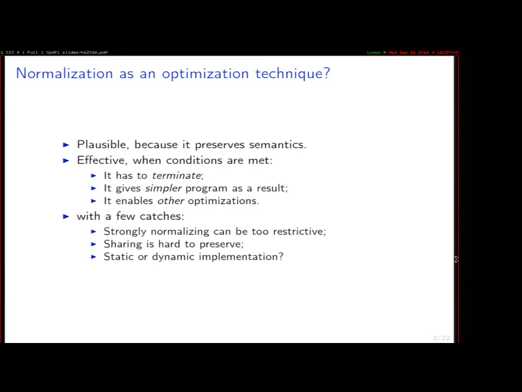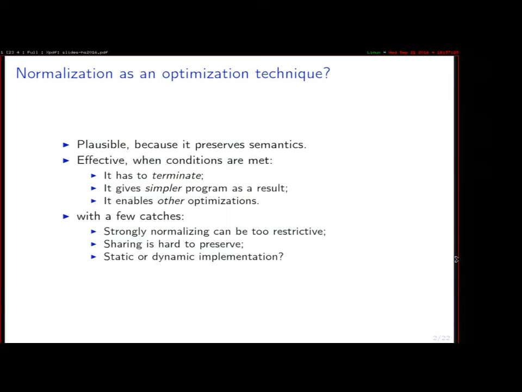But there are also some catches. First of all, not every program is strongly normalizing. And enforcing this normalization property can be overly restrictive because the program you're interested in may not have this property. Also, sharing is hard to preserve, as we know from normalizing lambda terms.